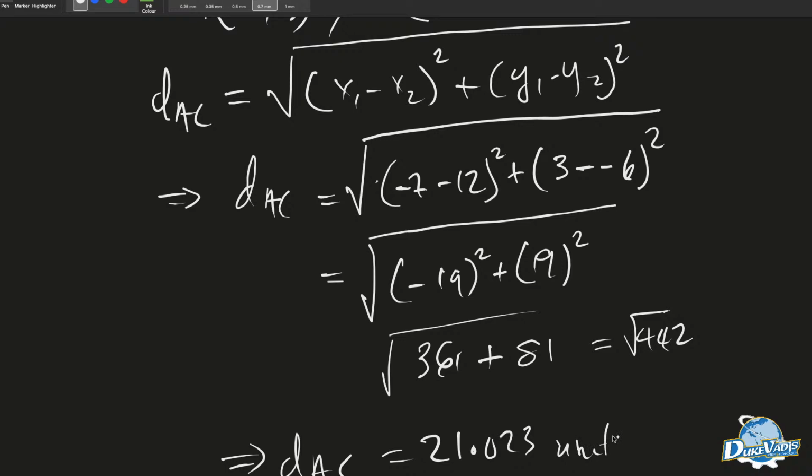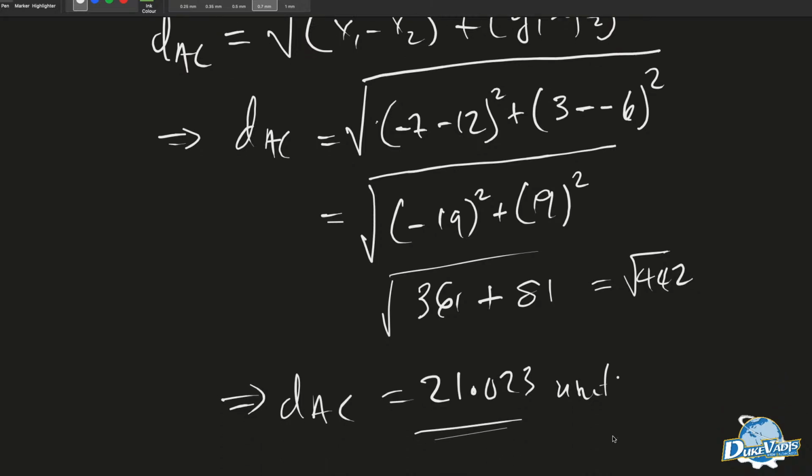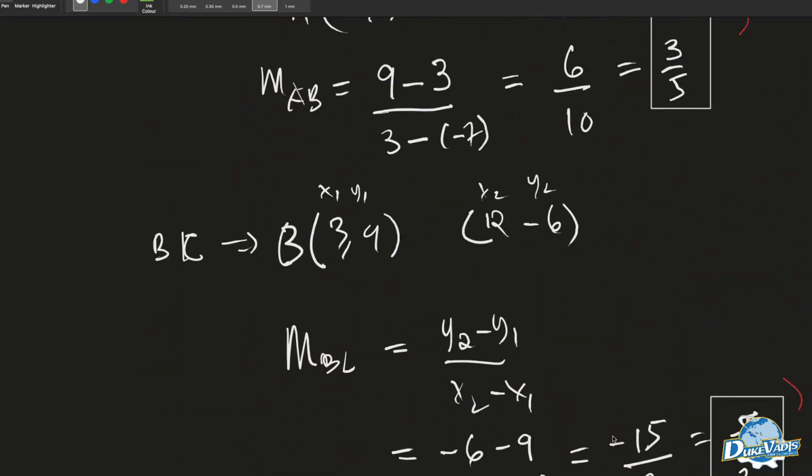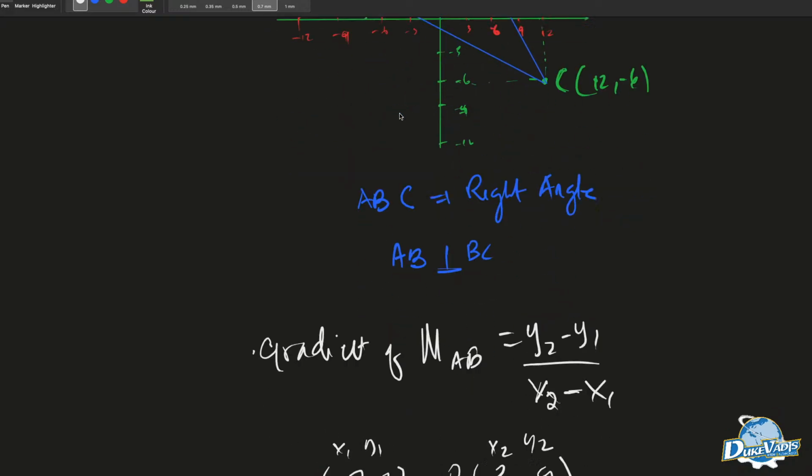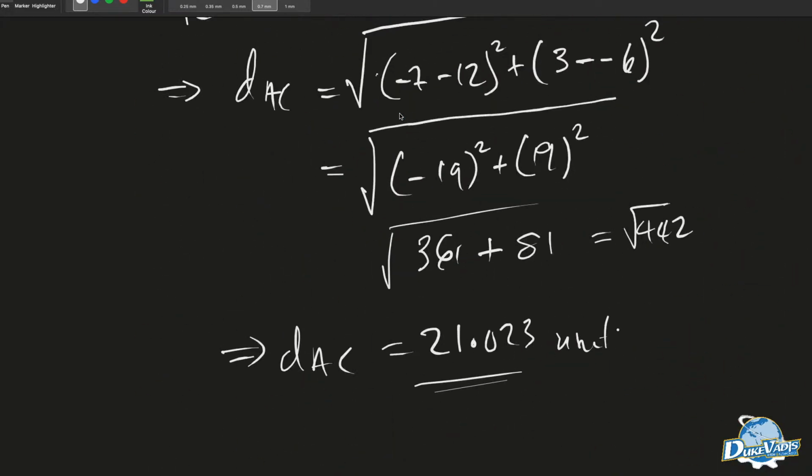If this is the distance AC, now let's see. Because we know that AB is perpendicular to BC, it means that AC is the diameter. That is the strong point we have to make sure we remember.